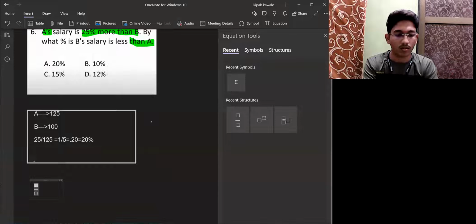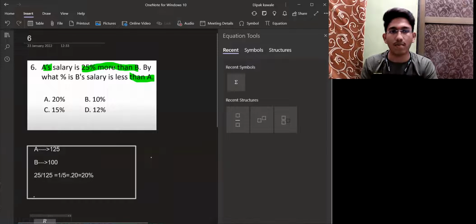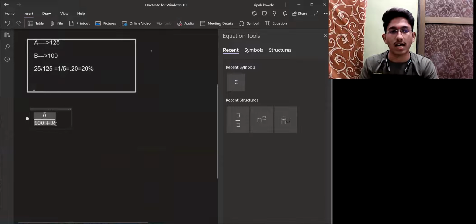Okay, so it is R divided by 100. If it is more, then it will be plus R, and if in the question it was less than, like 25% less than, then it would be minus R here. Okay, not in the upper side but in terms of 100.